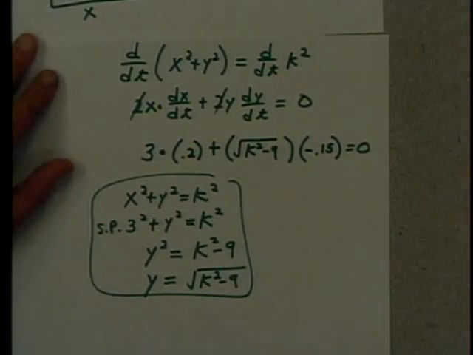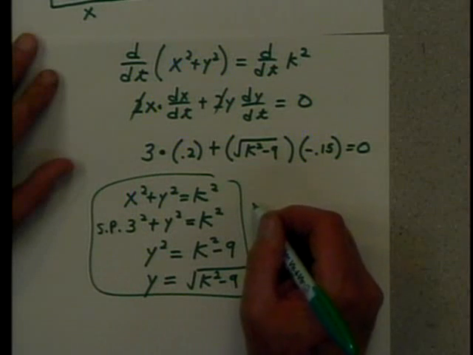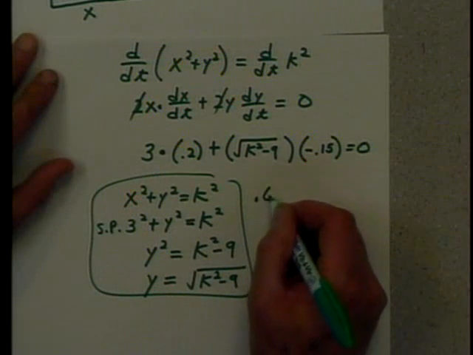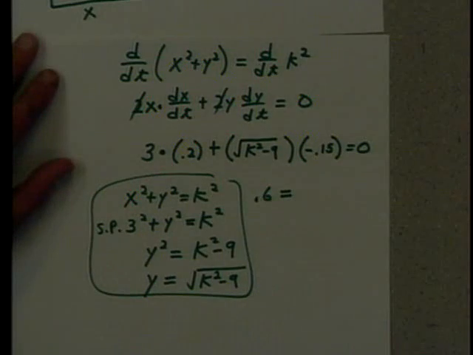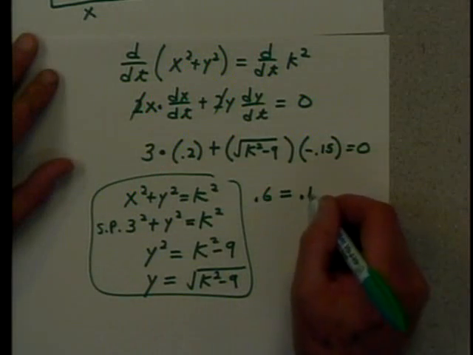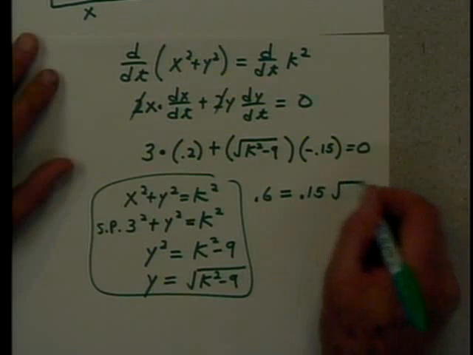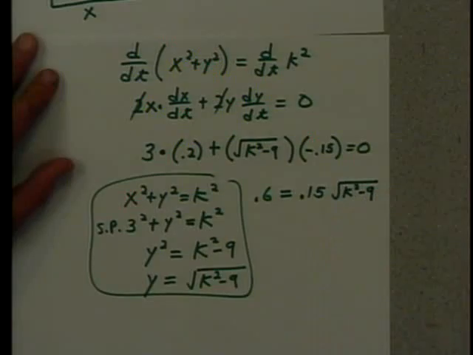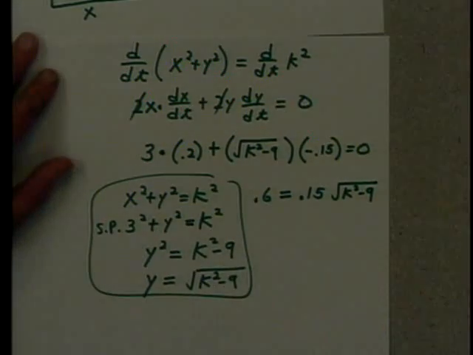What's 3 times 0.2? 0.6, very good. I'm going to move everything else to the other side: 0.15 times the square root of k squared minus 9. You okay? Divide by 0.15. What's 0.6 divided by 0.15?